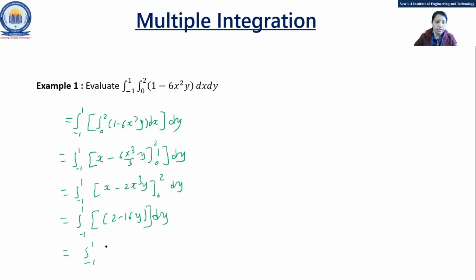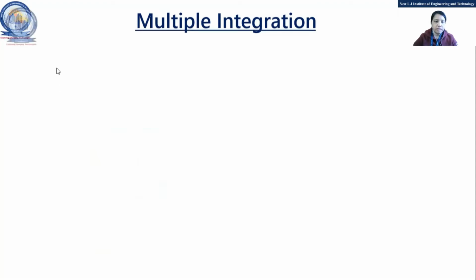Now I'll do the integration of 2 minus 16y with respect to dy. So 2 minus the integration from minus 1 to 1 of 2 minus 16y dy. What is the answer for this?